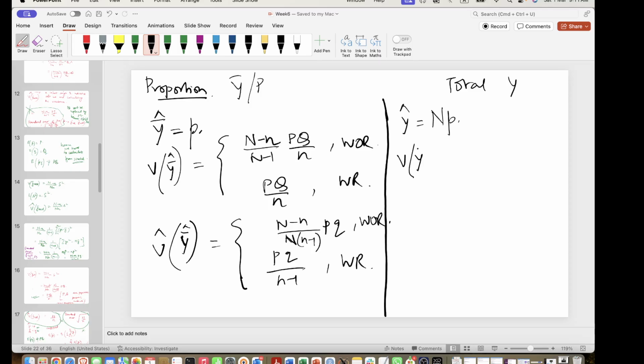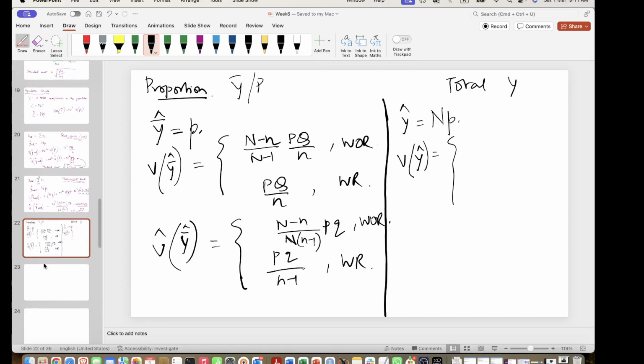Variance of y total is equal to N square into N minus n by N minus 1 pq by n when we have WOR, and N square pq by n when we have WR.